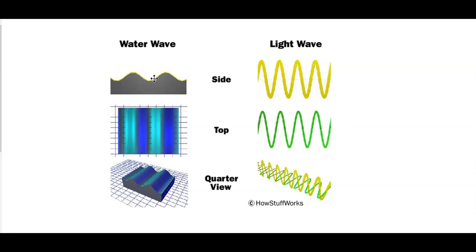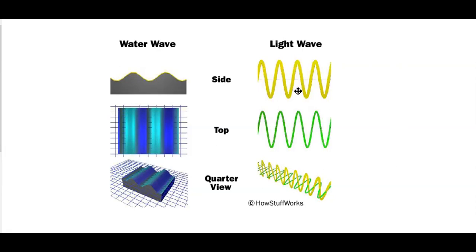A water wave obviously requires matter. Seismic waves require the ground, some kind of material for it to go through. Sound waves also require the air to transmit through. Light waves do not require anything. They're one of the few waves that will actually travel through the vast emptiness of space. The other wave that I can think of off the top of my head that will also travel through space would be gravitational waves, but that's a topic for a different day.